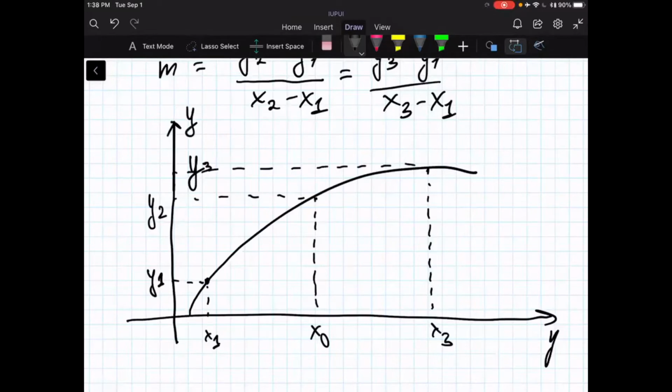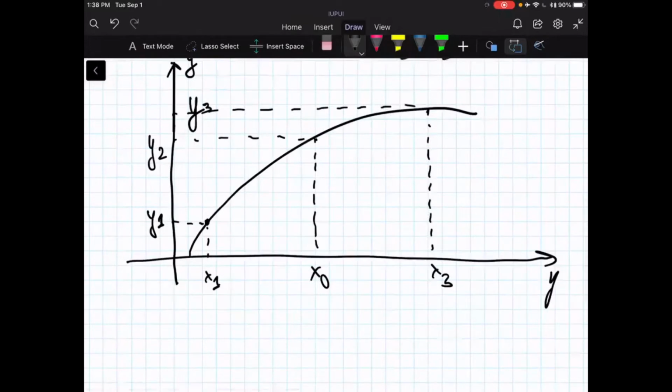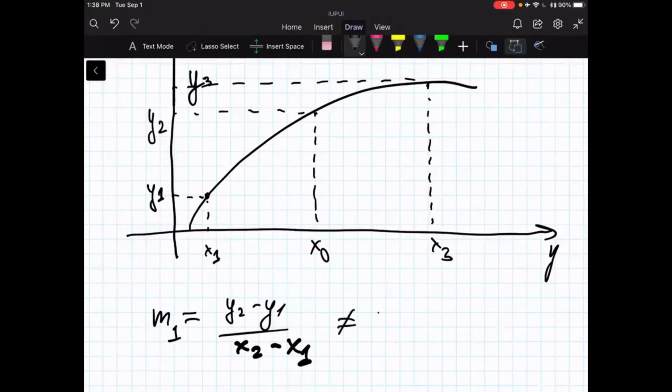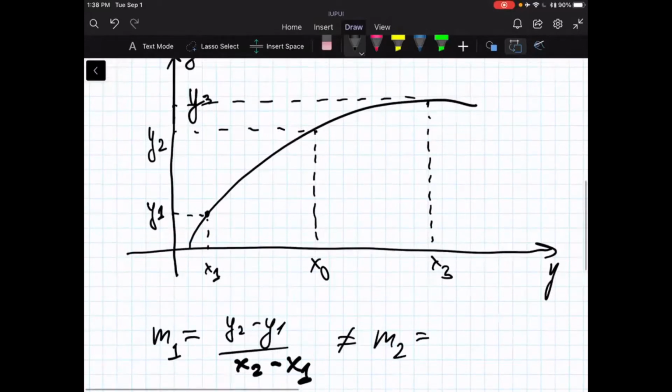Then you can see that if you have the equation of the slope, m1, which can be calculated using, say, the first 2 points, y2 minus y1 divided by x2 minus x1, will not be the same as m2, calculated using the second 2 points, say y3 minus y2 divided by x3 minus x2.